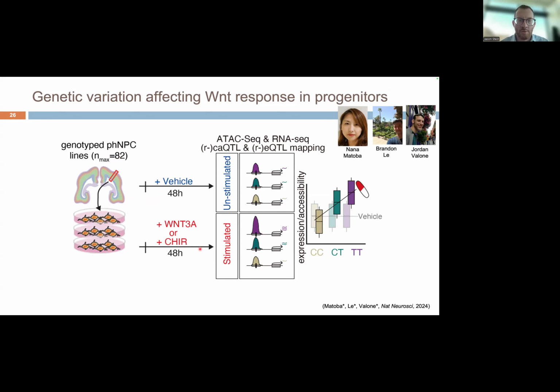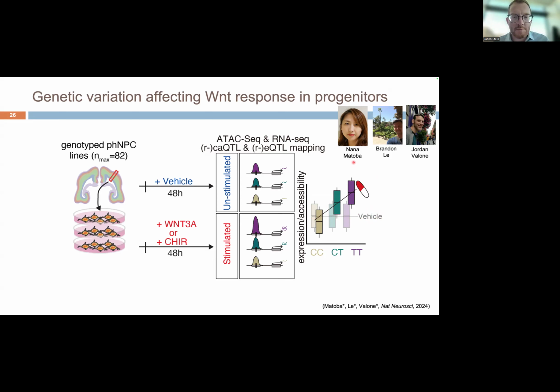And then we measured chromatin accessibility via ATAC-seq and gene expression via RNA-seq. And then we aimed to find genetic variants whose function was modulated by stimulation of Wnt signaling. So in the presence of Wnt signaling, we may see a genetic effect, whereas in the absence of Wnt signaling, we see no genetic effect. So these kind of Wnt-sensitive QTLs were what we were aiming to find.